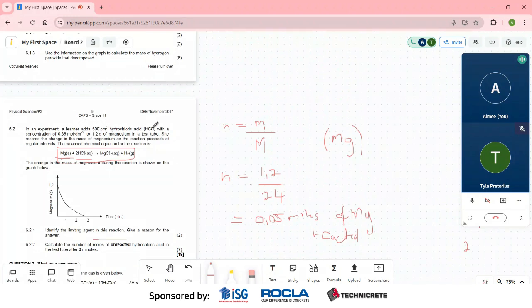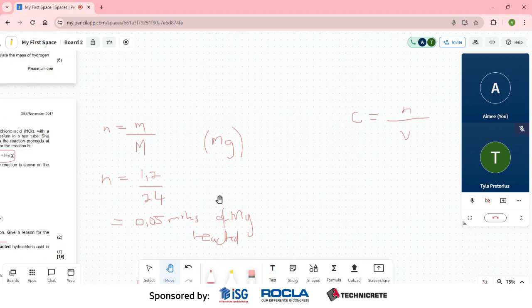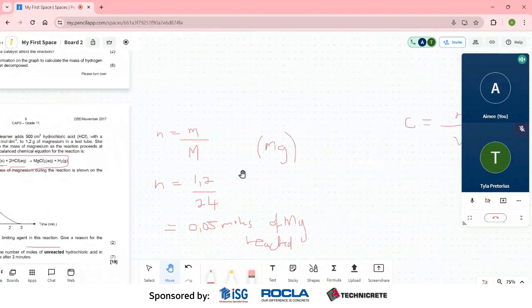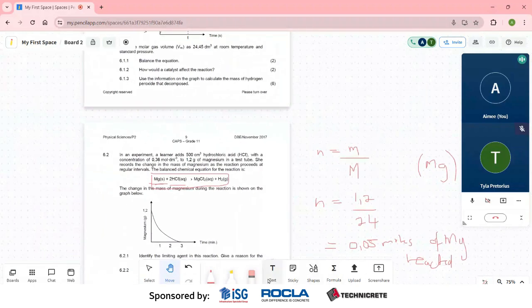So 500 centimeters cubed of hydrochloric acid with a concentration of this was added. So you already know you can convert a concentration and a volume into moles. So you say C is equal to n over V. Okay, your concentration is 0.36 moles per decimeter cubed. So you plug that in as your concentration. Moles is what you're looking for, and volume is the other value that you have.